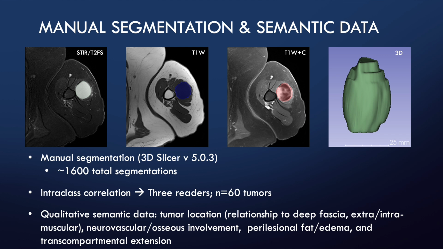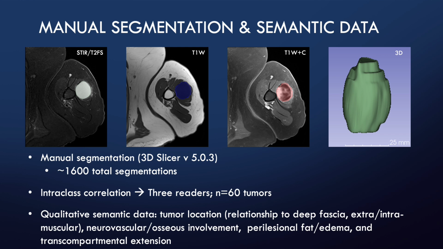Tumors were manually segmented with lesion tissue delineated on every axial slice of all available fluid-sensitive, that is STIR or T2 FATSAT, T1-weighted and T1-weighted post-contrast acquisitions, totaling in more than 1,600 individual segmentations.